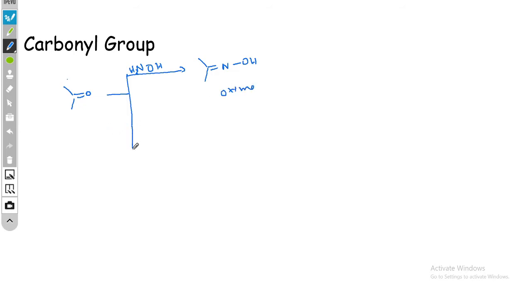Or when it is treated with semicarbazide, it will give the corresponding semicarbazone, with NHCONH2. One water molecule is eliminated.